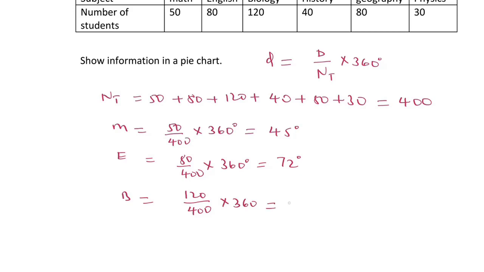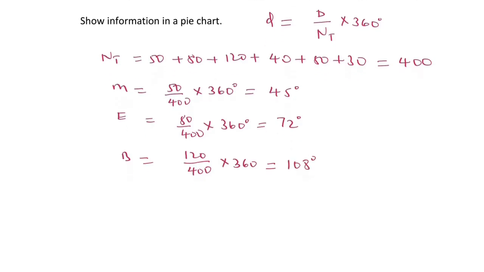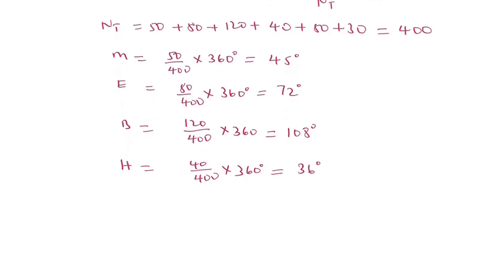Solving this, we are getting 108 degrees. For history, we are going to take 40 over 400 times 360. Solving this becomes 36 degrees.